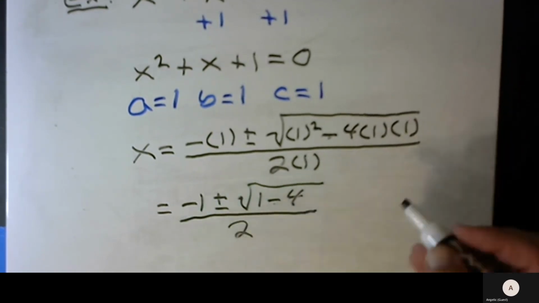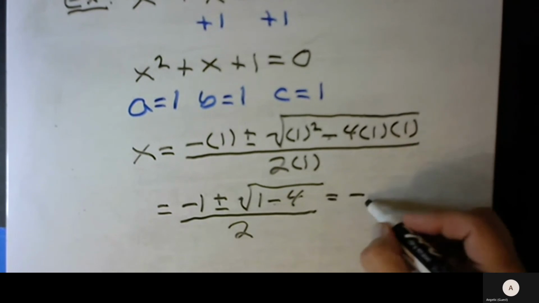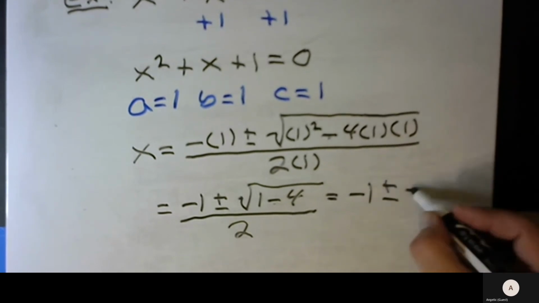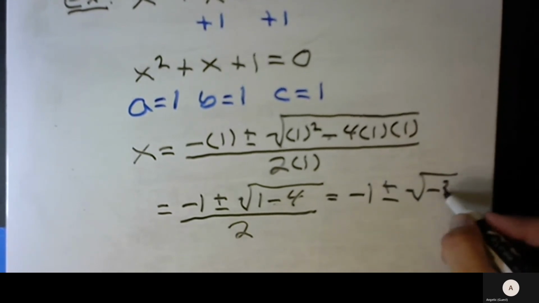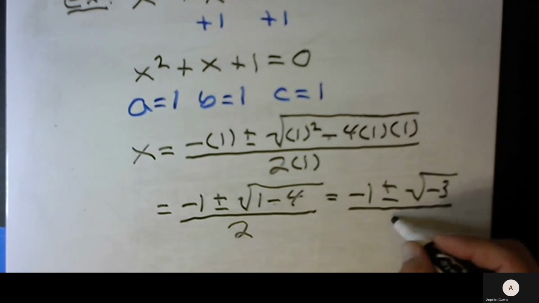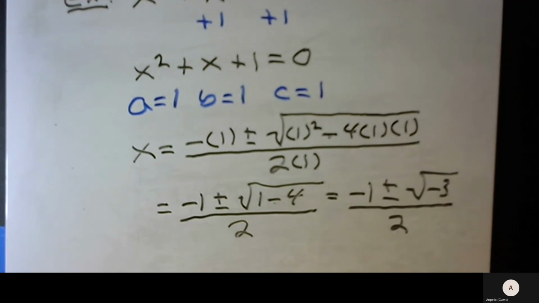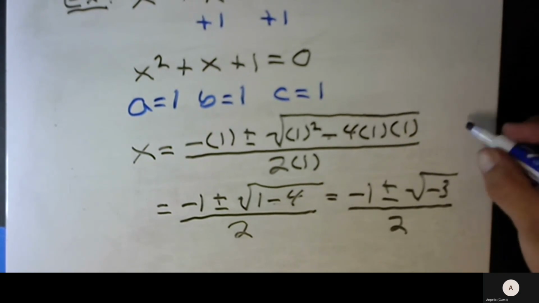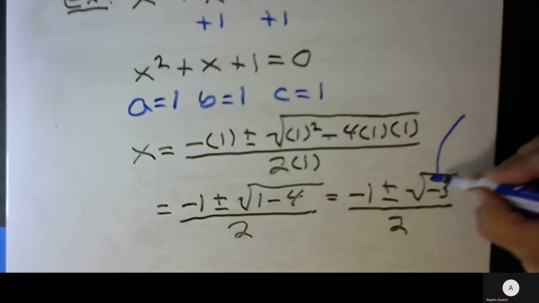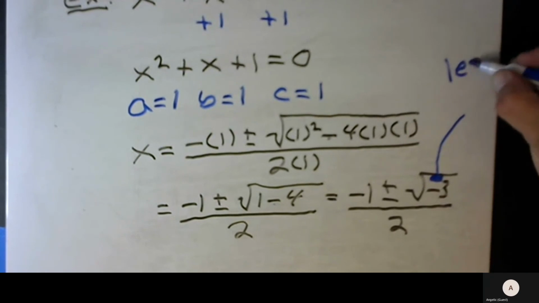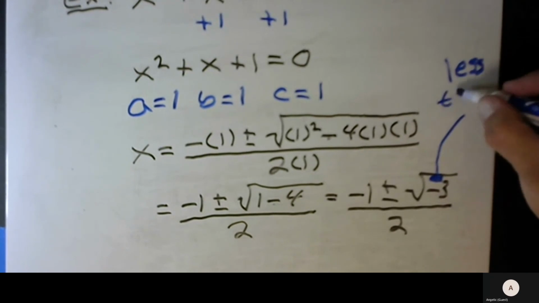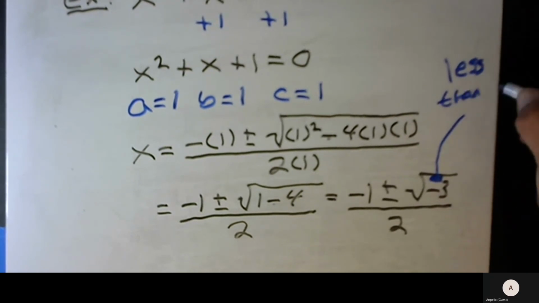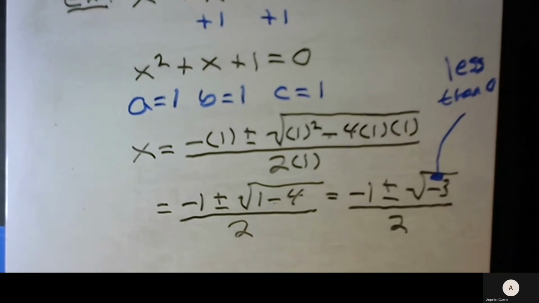Divided by 2, or negative 1 plus or minus the square root of negative 3 divided by 2. And this is where we get a problem. This is less than 0.